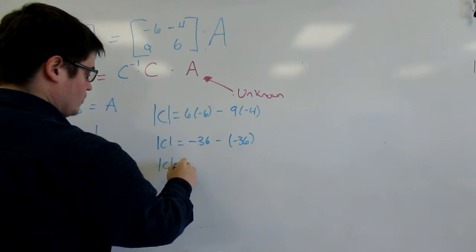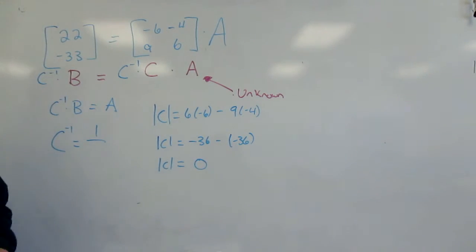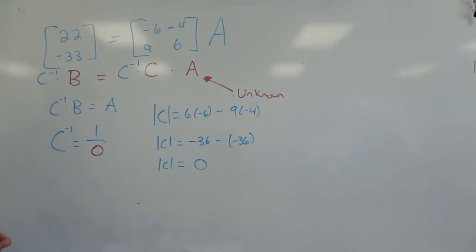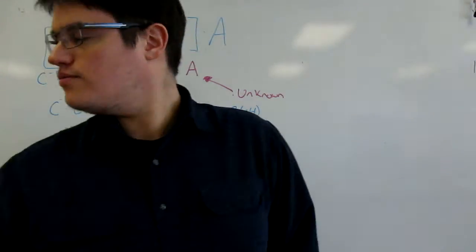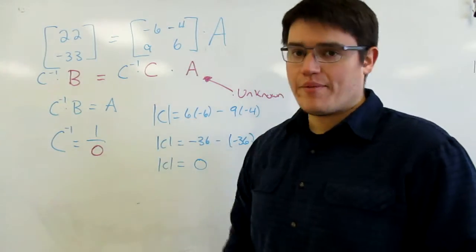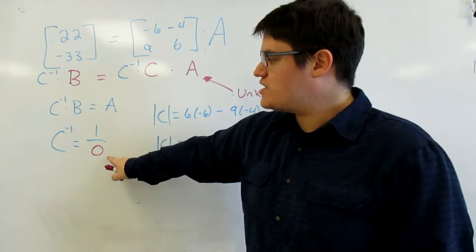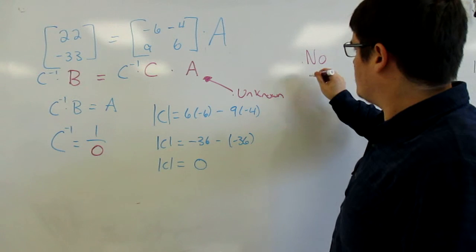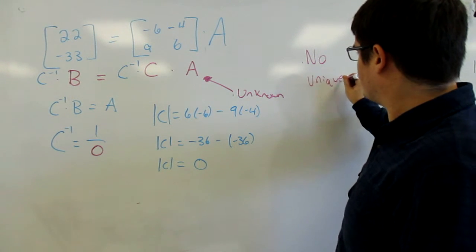Well, that comes out to be 0. Ooh. Well, if you think about it, if the determinant's 0, can we divide by 0? No! You can't. So this can't happen. So if the determinant is 0, our answer becomes no unique solution.